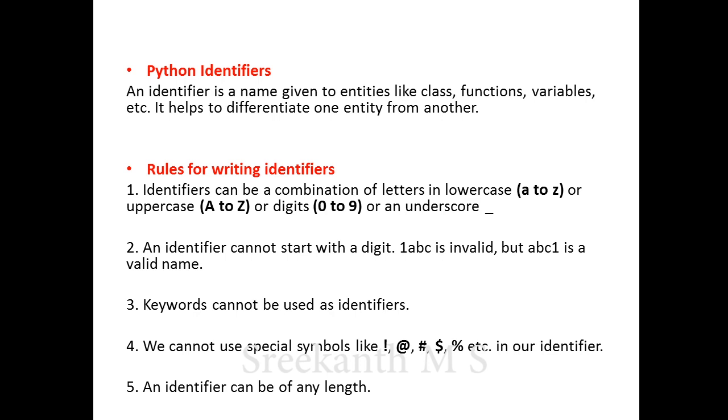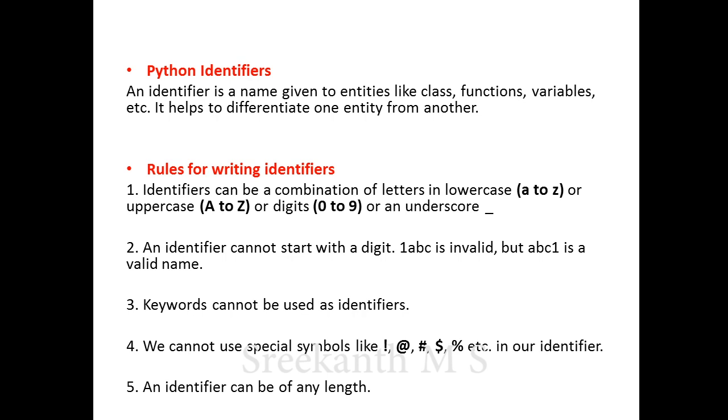When we name identifiers, note that Python is a case sensitive language. That means a capital letter A, or any capital letter, and the small letter are different. If you name it capital ABC, that is different from small abc.